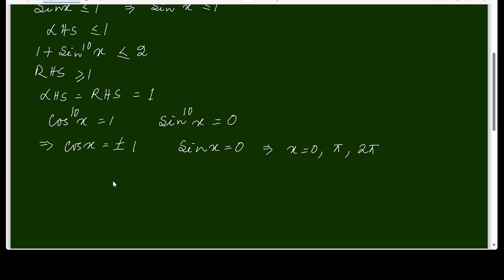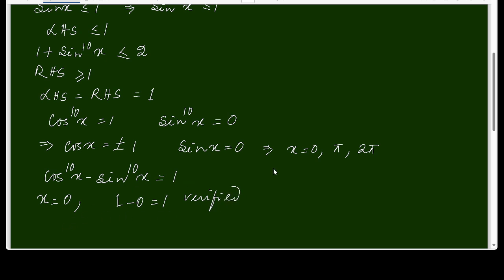Now we will verify cos power 10x minus sine power 10x equals 1. When x is equal to 0, this is 1 minus 0 equals 1. So verified.